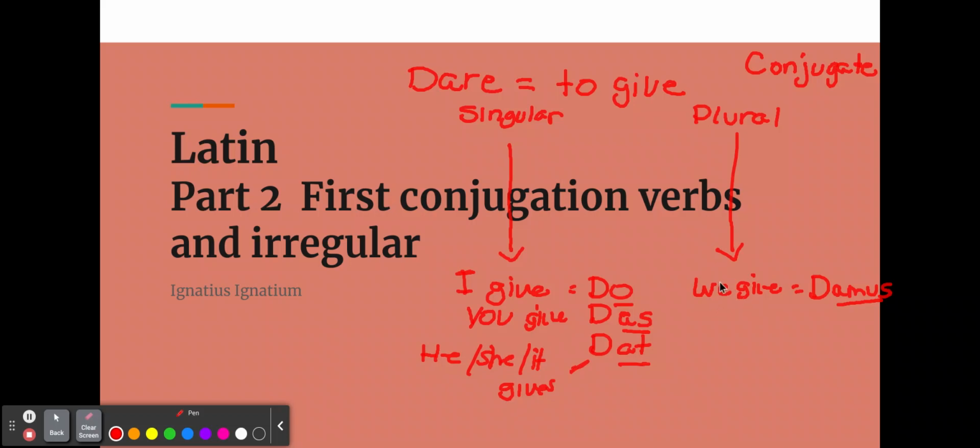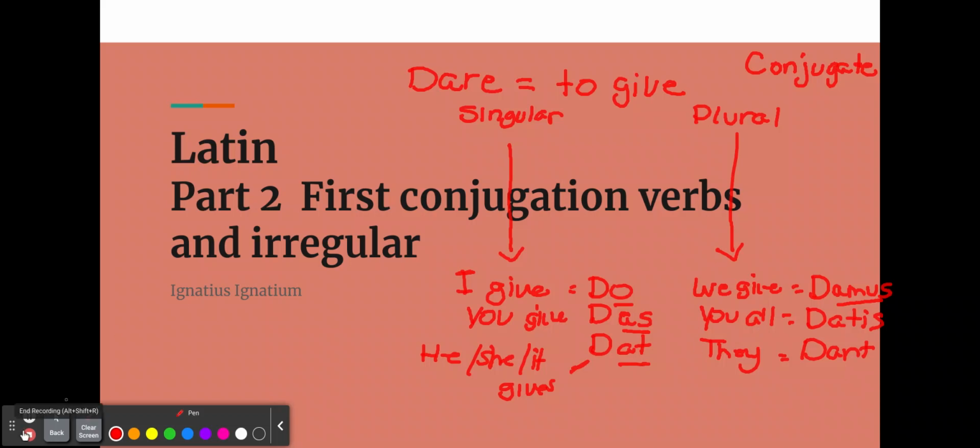And of course, in the plural, it's we, you all, and they. How would you say you all, if you remember from the last video? Datis. And the last one, they give: dant. So again, remember the endings: o, as, at, amus, atis, ant. You just have to practice that, and you will be able to conjugate all RA verbs.